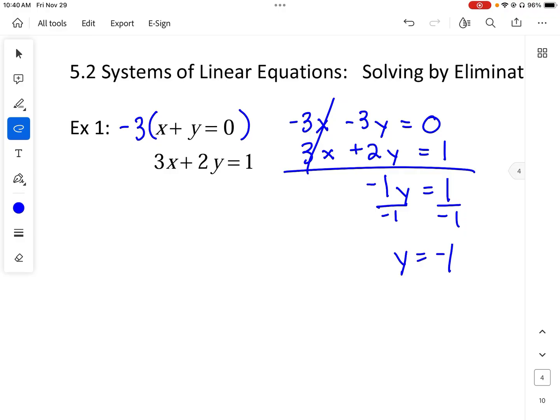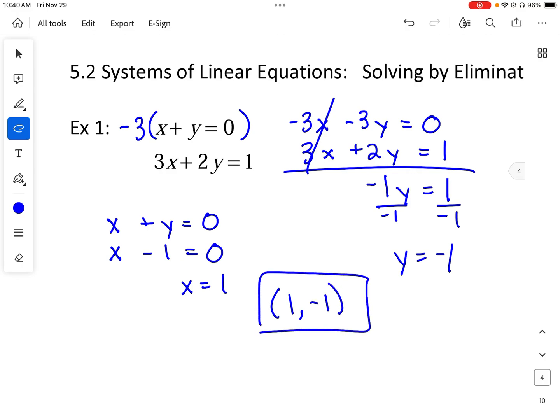So now I'm going to substitute that back into one of the equations. I would pick the easier equation. So x plus y equals 0. So x minus 1 equals 0. So x is going to equal 1. So my solution is the x value at 1 and the y value -1. This is my solution. So we have exactly one solution.